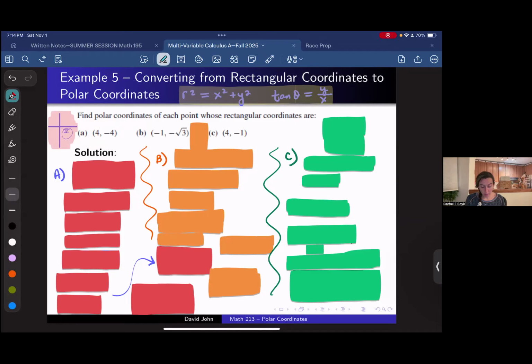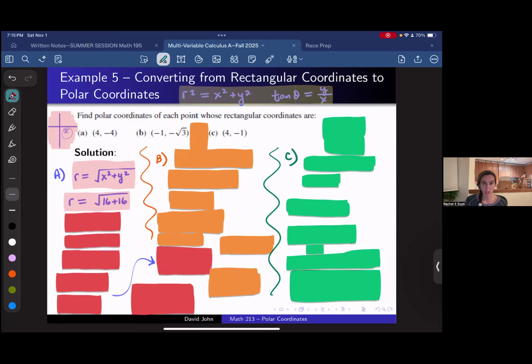And so now let's evaluate what our r is. Our r squared is just 4 squared plus, in parentheses, -4 squared, which tells us that our r is just the square root of 4 squared plus, in parentheses, -4, close parentheses, squared.